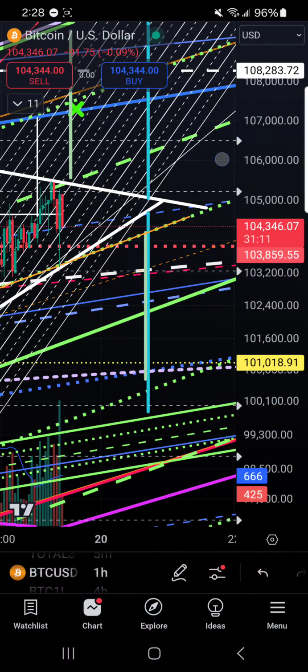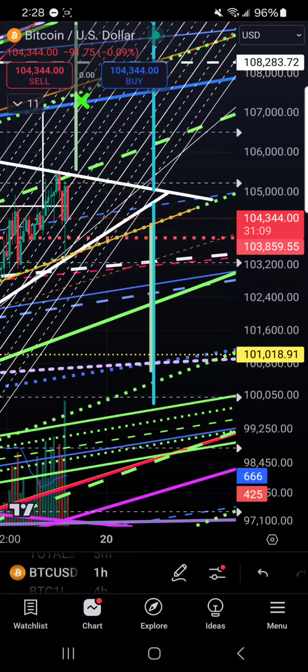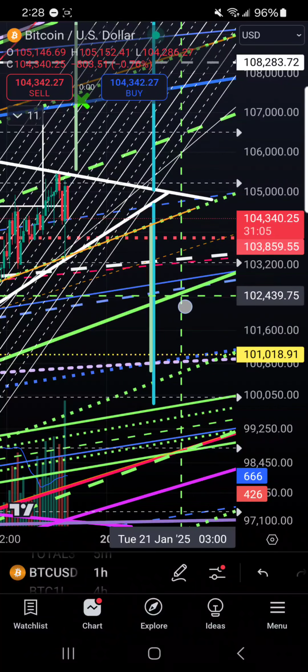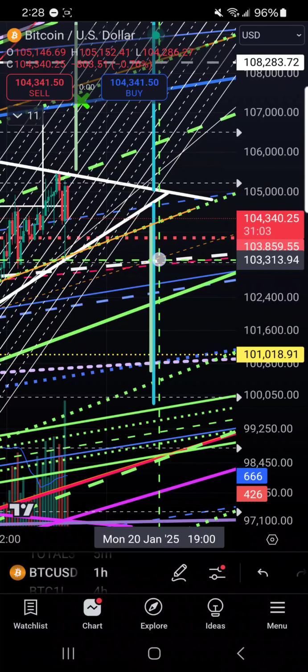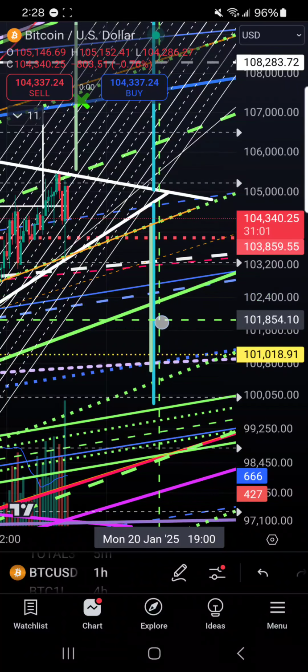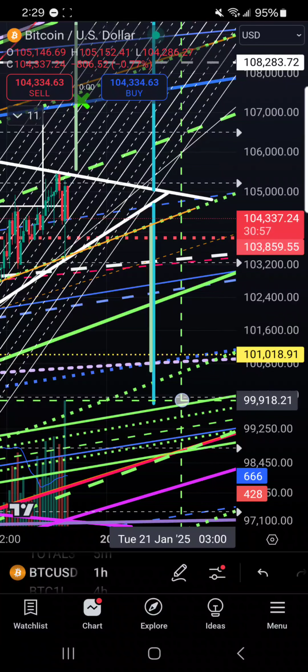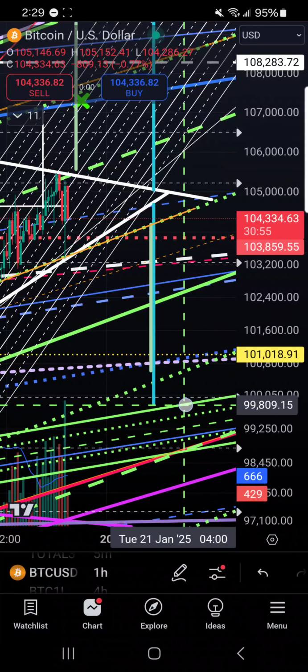Now, to the downside, since they are different bases here, the longer one takes us just around 100K, slightly below the 100K line, but it's just a rough measurement, 99,828.